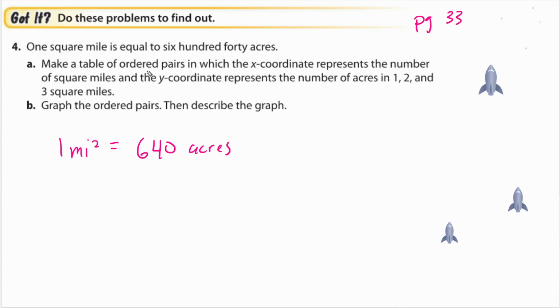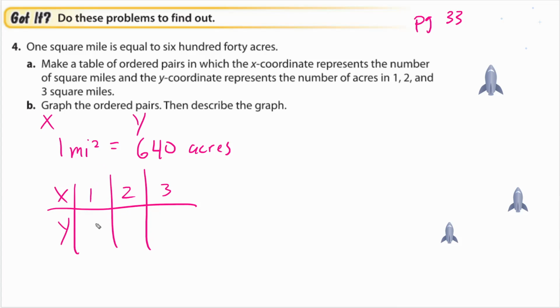Make a table of ordered pairs in which the x-coordinate represents the number of square miles and the y-coordinate represents the number of acres in 1, 2, and 3 square miles. So they want us to make a table of 1, 2, and 3 square miles. So 1 square mile is 640, 2 square miles is 1280, 3 square miles is 1920.